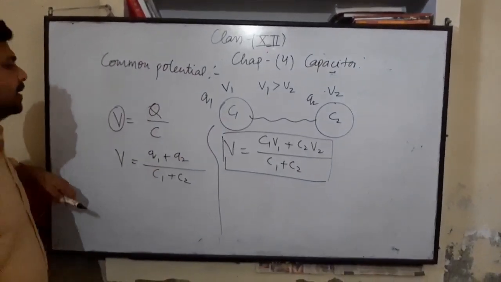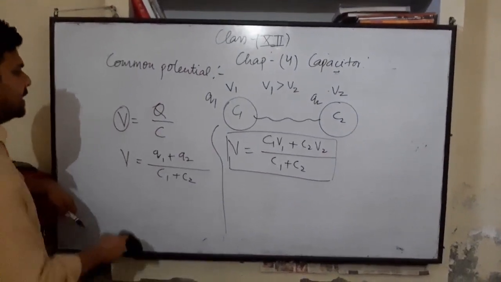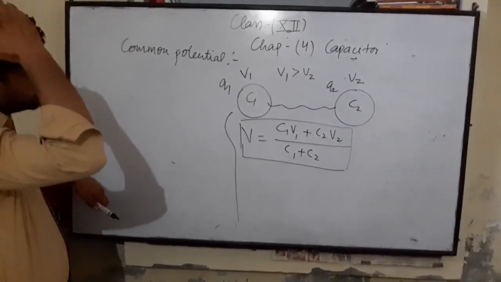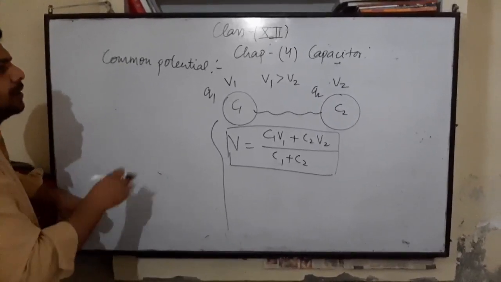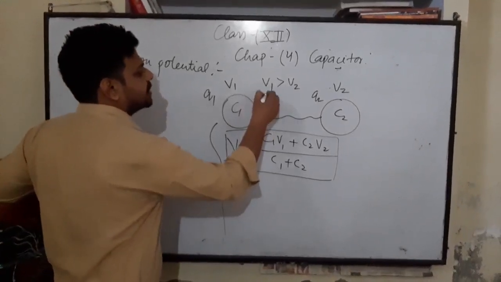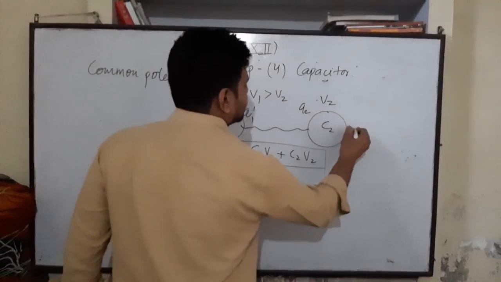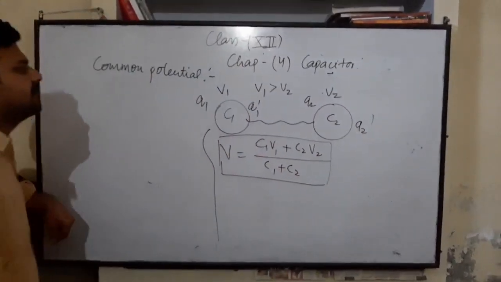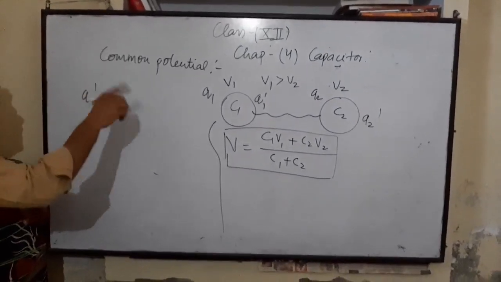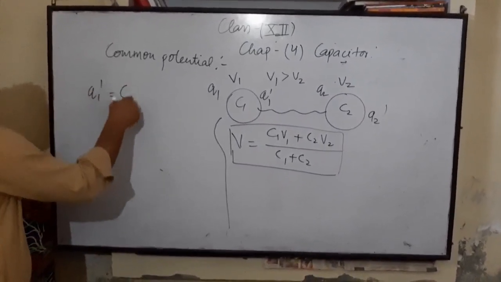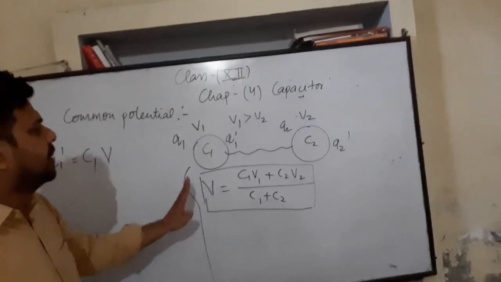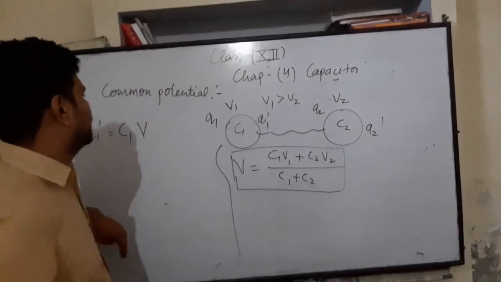Okay. Now after connecting these capacitors, the charge will redistribute on both the capacitors. So after connecting the capacitors, let the charge on first capacitor be Q1 dash and on second capacitor be Q2 dash. So what will be the value of Q1 dash? From Q is equal to CV, charge on first capacitor after connecting them, capacitance C1 and potential is V. After connecting them, both capacitors are at the same potential.